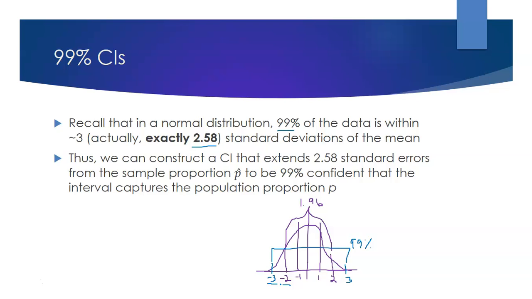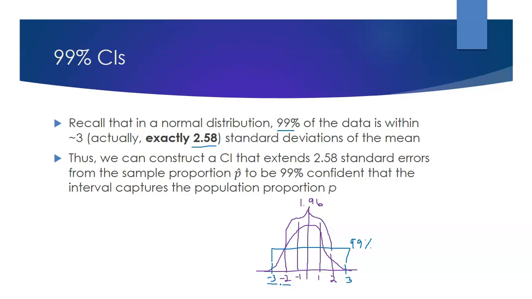So same thing with a 99% confidence interval. If we create a 99% confidence interval off of a sample proportion, say we do that 1,000 times, we then create a 99% confidence interval for each one of those 1,000 sample proportions that we obtain.